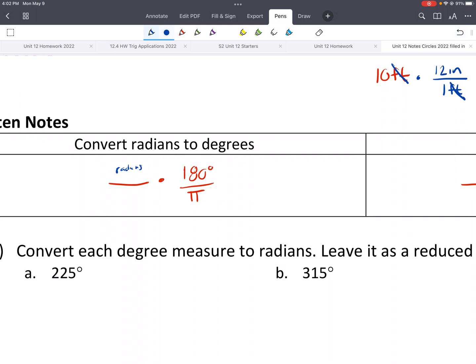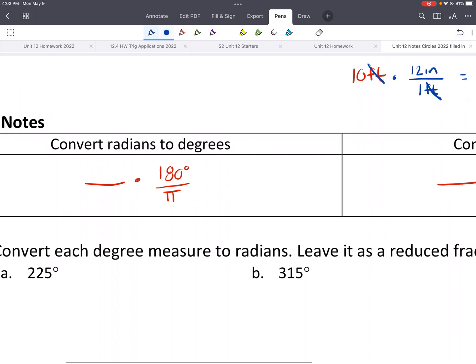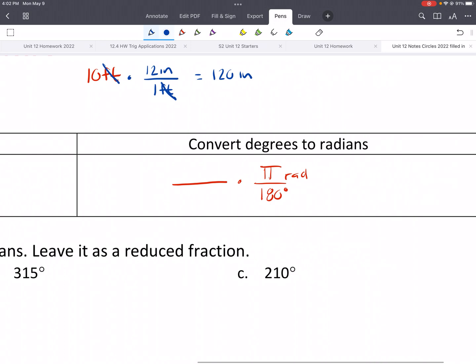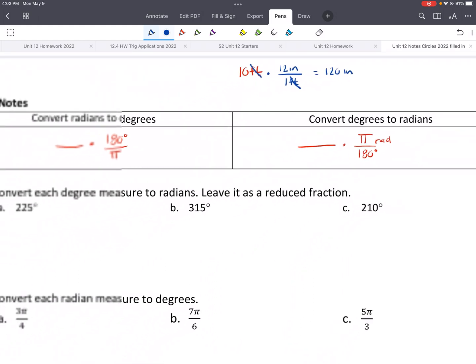Or if we wanted to switch from degrees to radians, then we'd want radians on top and degrees on bottom, so that the degrees top and bottom could cancel. So anyways, that's how we convert.